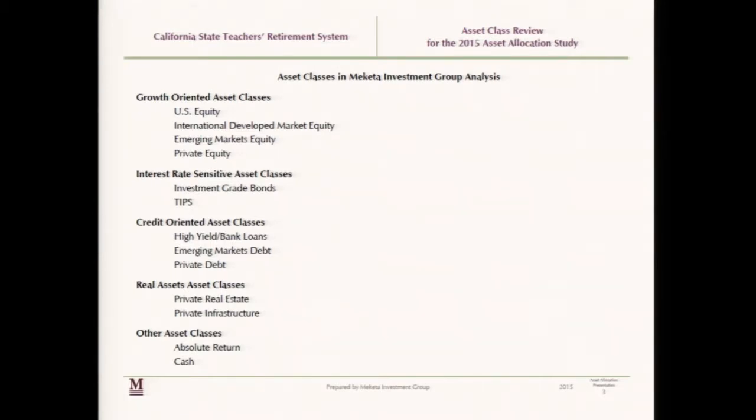Another example might be something like GTAA, which you see on some of the other large public fund asset allocation lists. I'd argue that that's pretty difficult to call. It's a global tactical asset allocation product, and that's really how we consider it. Ultimately what you're doing in that space is allowing managers the ability to tactically invest in a variety of asset classes.